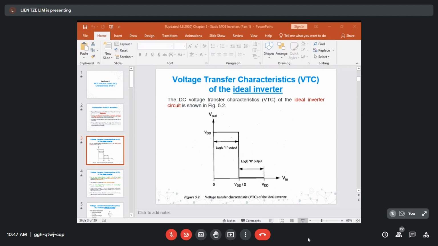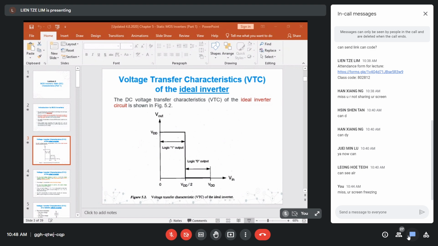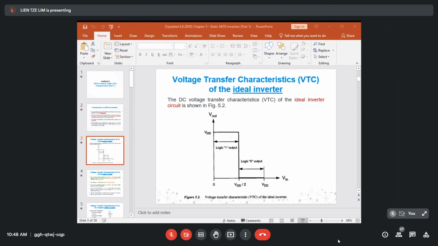When the input voltage is above the threshold voltage, the output will change. At the threshold voltage, the output is still high, but above VTH it is considered a high input, and then the output will change.